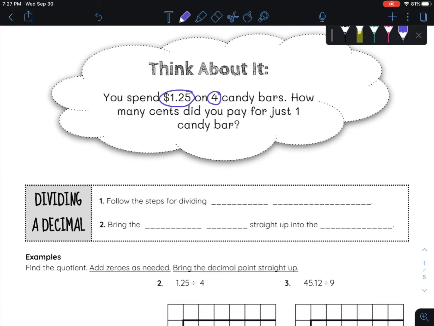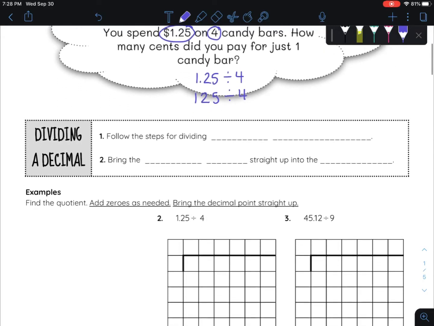What that would look like is $1.25 divided by 4. That seems kind of weird to think about cutting up $1.25 by 4. But if you were to think about this just as 125 cents divided by 4, maybe it makes a little bit more sense now. So ignoring that decimal until the end, and we'll solve this one in a minute.